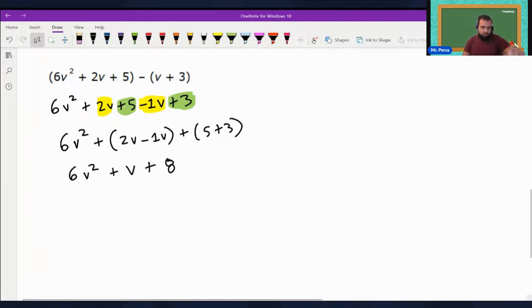So our answer is going to be 6v squared plus v plus 8.